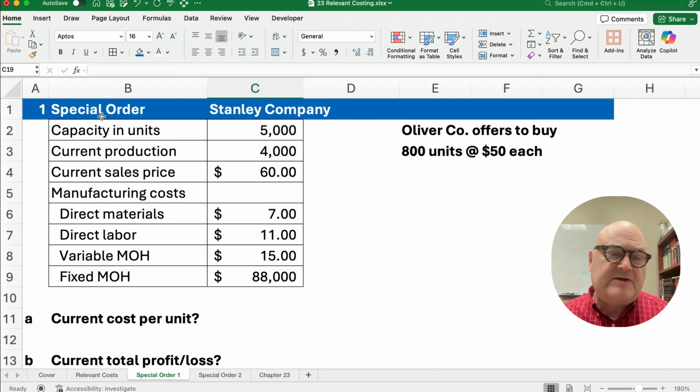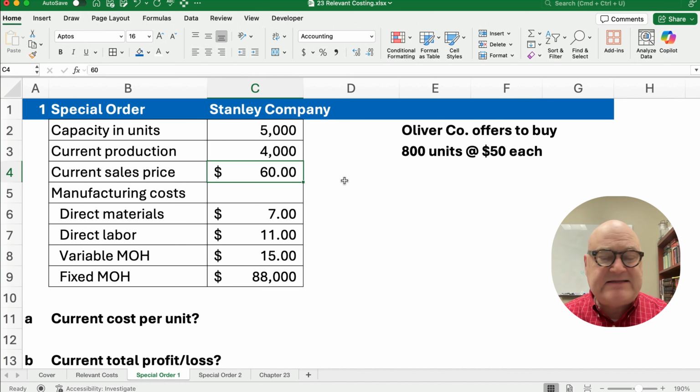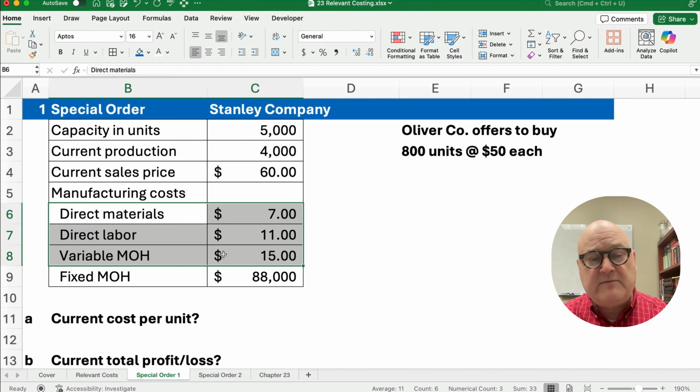Now let's go with our special order for the Stanley company. The capacity in units right now is 5,000, but we're only producing 4,000 and we're selling each one at $60. Our manufacturing costs are made up of variable costs. We have three variable costs: materials, labor, and variable overhead. And these add up to be $33.